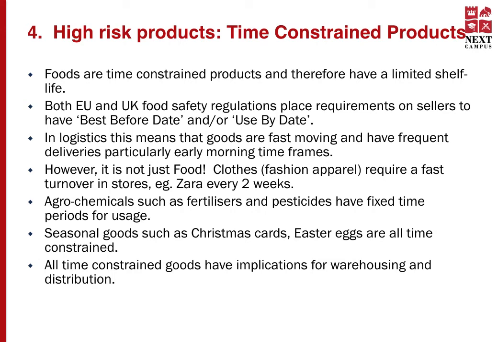However, it is not just food. Clothes and fashion apparel require fast turnover in stores. Agrochemicals such as fertilizers and pesticides have fixed time periods for usage. Seasonal goods such as Christmas cards and Easter eggs are all time constrained. All time constrained goods have implications for warehousing and distribution.